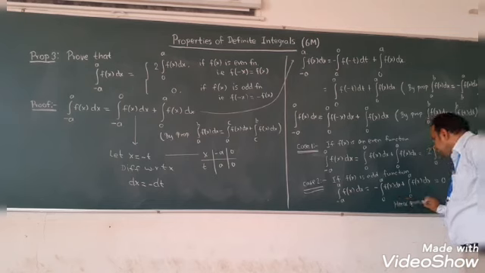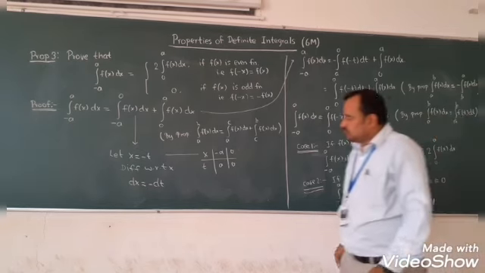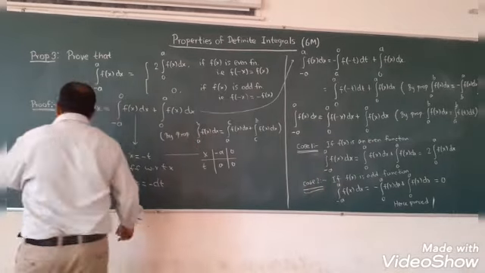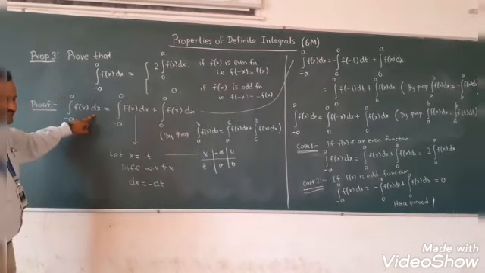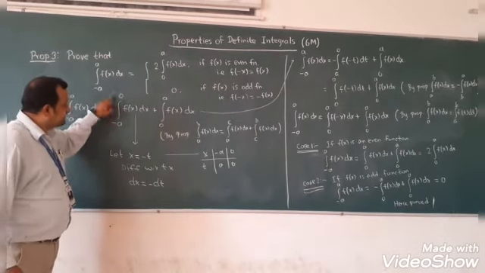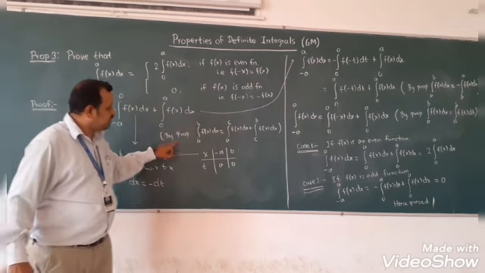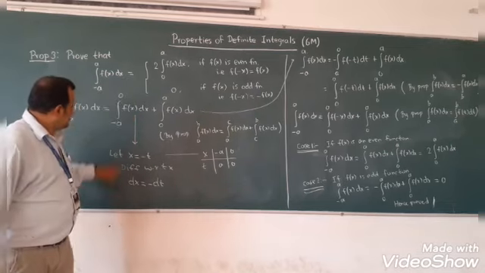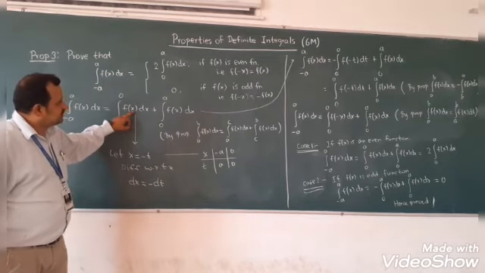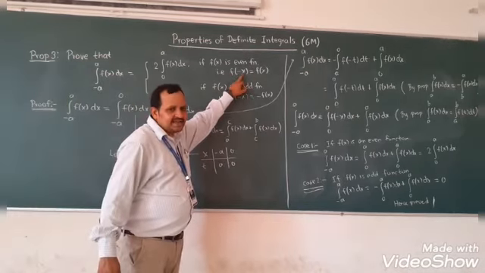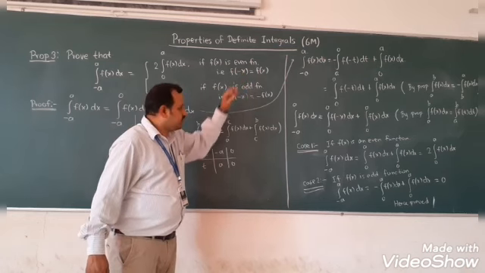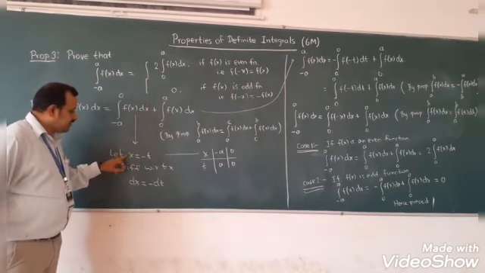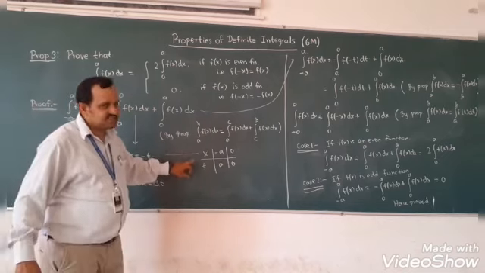Somewhat lengthy but very important. So what we have done is, minus a to a f of x dx we can write as minus a to 0, 0 to a by using property a to b, so a to c, c to b. So here x, so minus x equal to t, x equal to minus t. So the moment you do substitution, limits will get changed.